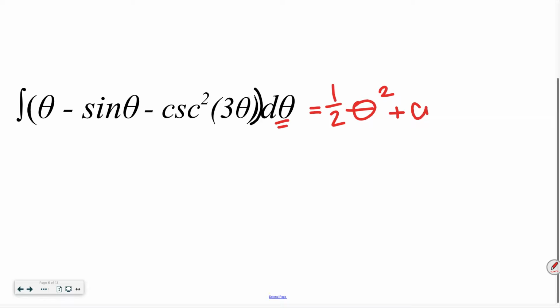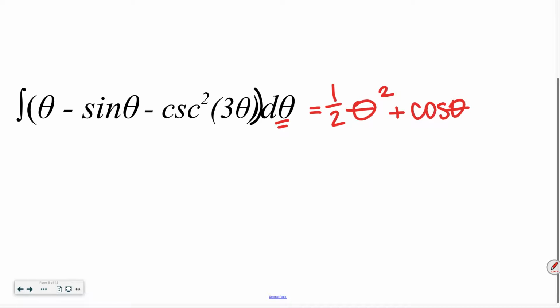Positive or negative? So the antiderivative of sine of theta is negative cosine theta. So since we have the negative sine of theta, two negatives make it positive, we have positive cosine theta. Okay? And then we have negative cosecant squared of 3 theta.